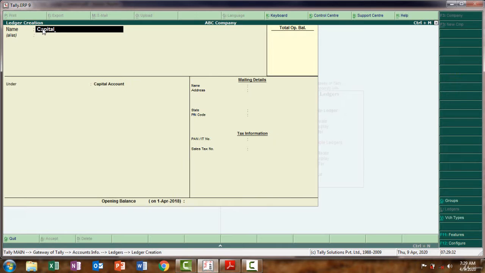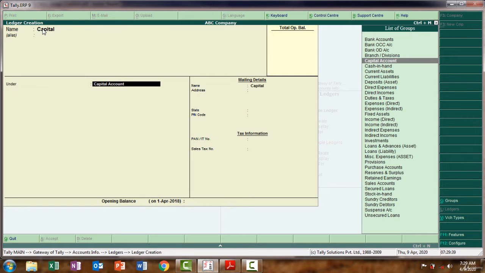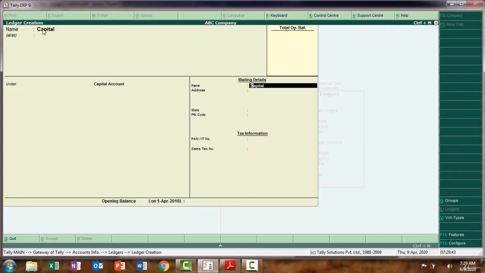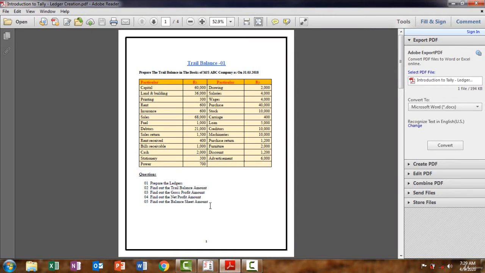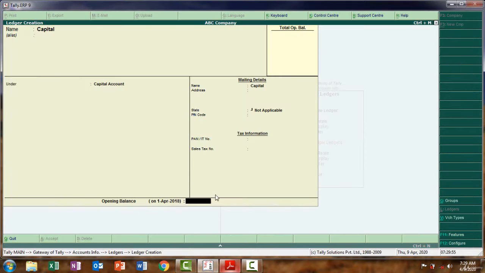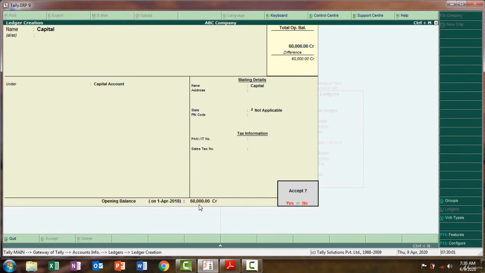The capital under the group is Capital Account, so I choose Capital Account, then press enter on the keyboard, and then we have to enter the amount. The amount is 60,000, so I enter 60,000, then credit, yes.